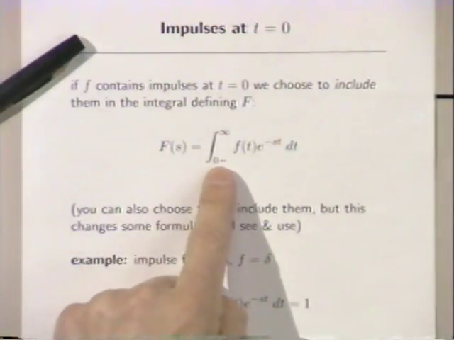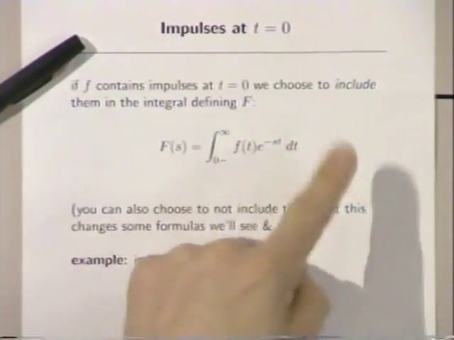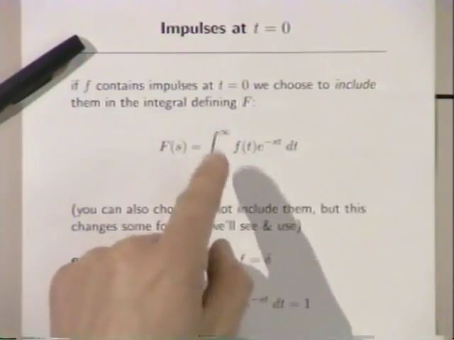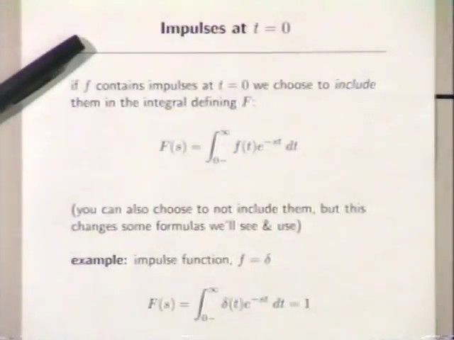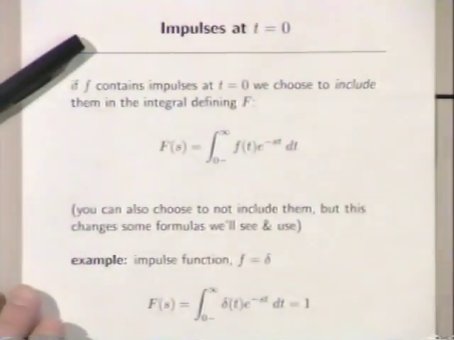Do you sort of include what happens at 0 or not? And our convention is that we will. I think this is the dominant one, but I do know that there are some books where the convention is 0 plus. The implication, of course, is that you could someday open a book and find a formula slightly different from one you see in this course or the text, and just don't be shocked by it. It is more than likely related to this fact.